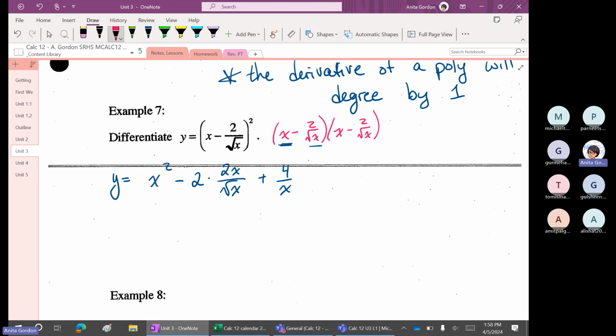I want to, this one is the ugliest part, right? I want to rewrite that as one single x. So I'm going to try to simplify here a little bit. This is x squared minus 4, 1 minus a half gives me a half. So that simplifies to that. Plus 4x to the minus 1. And now I can use the product rule, or sorry, the power rule.